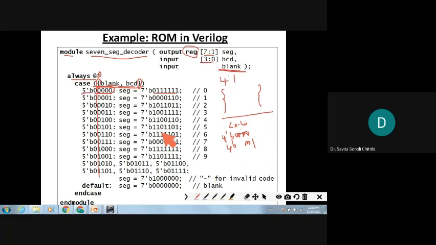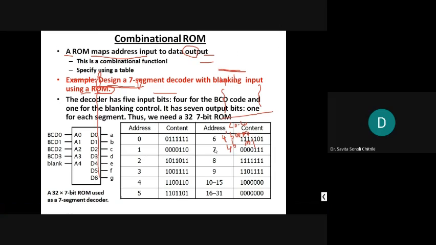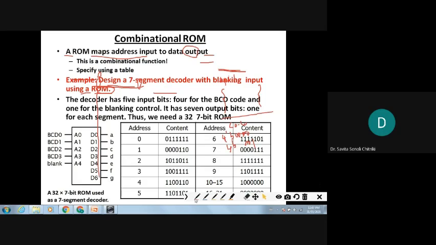00001. You cannot memorize all of these by heart, whatever this data is. So how do you calculate that? From the previous slide, what I told: how we have got these values depends on whether the device is common anode or common cathode. Put the 7 segment here.